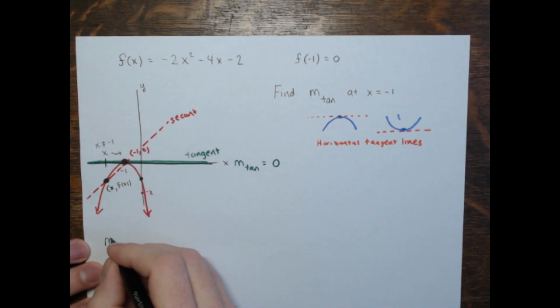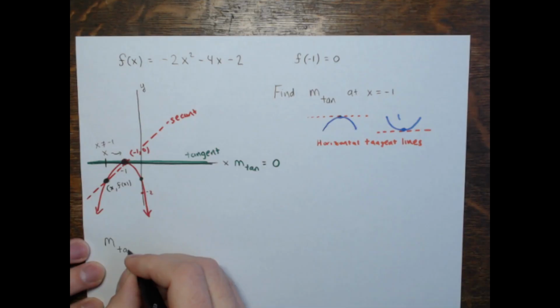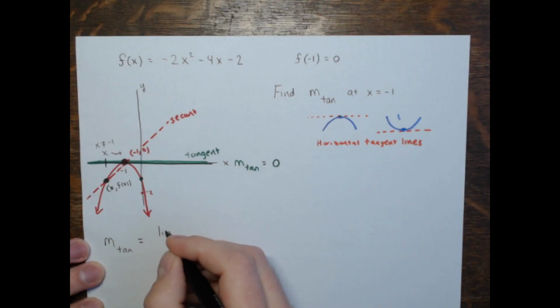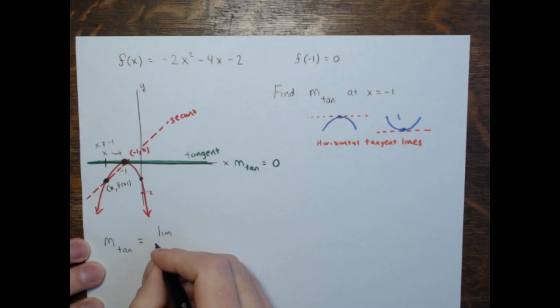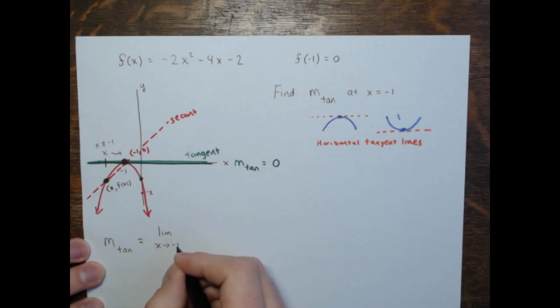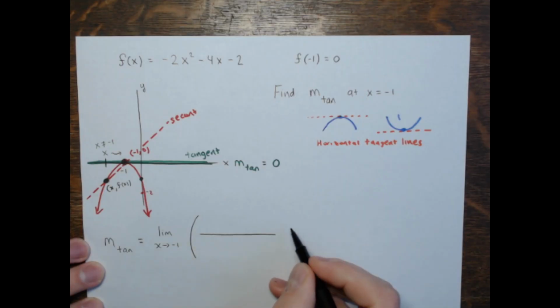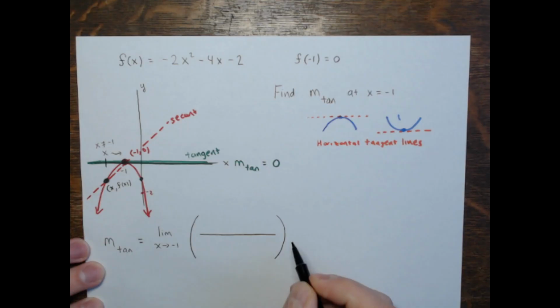So using that first definition, the slope of the tangent line that I'm looking for at x equals -1 will be the limit as this x value approaches -1 of the slopes of my secant lines.